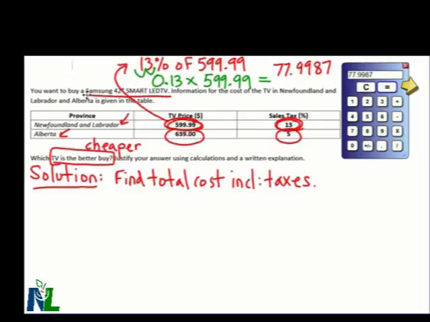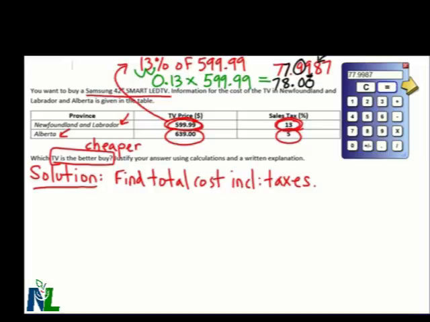We need to remember this is money, so we want to round to the nearest cent, which is here. So we're going to look at the number after, and it's higher than 5, which is going to round the 9 up to 10, which will make this a 0. And it's going to round this 9 up to 10, which will make that 0. And it's going to round this 7 up to 8.